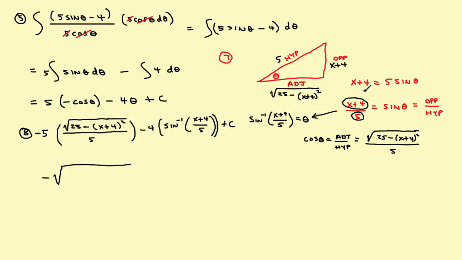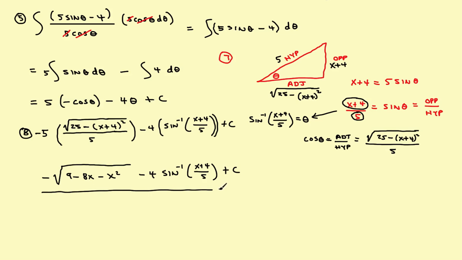So this you can change into 9 minus 8x minus x squared. Remember, this and this are both exactly the same thing. Then you've got minus 4 times the inverse sine of x plus 4 divided by 5, and then tack on a plus c to account for the constant. So it'll look like that.